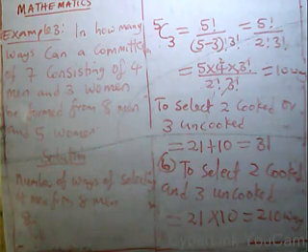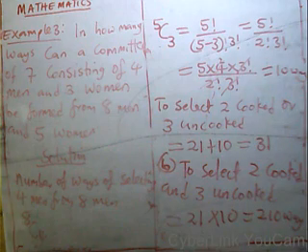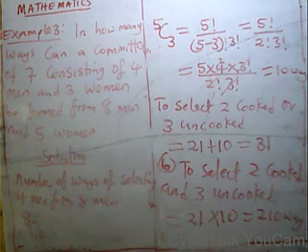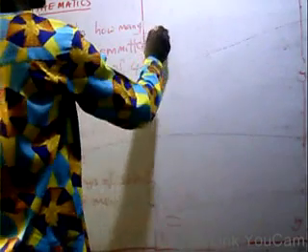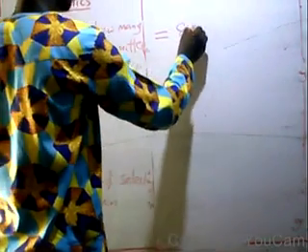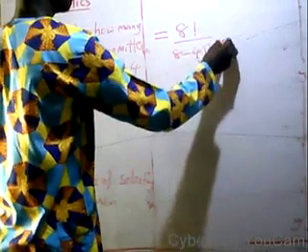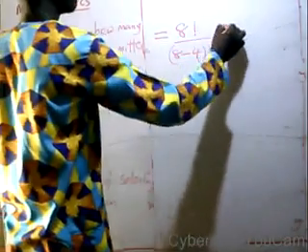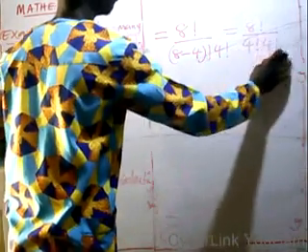And that will be 8 factorial all over 8 minus 4 factorial, 4 factorial. Which is equal to 8 factorial all over 4 factorial, 4 factorial.